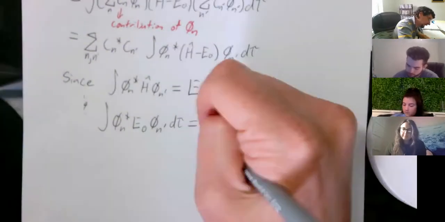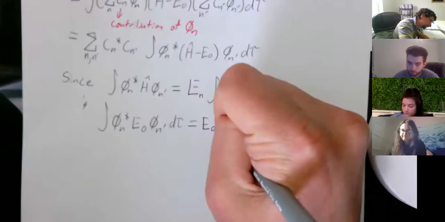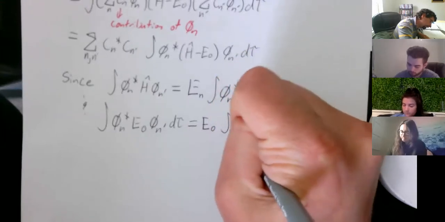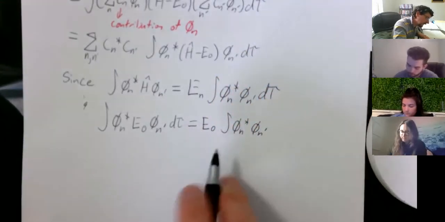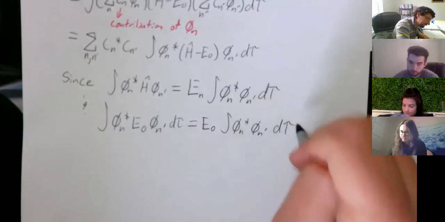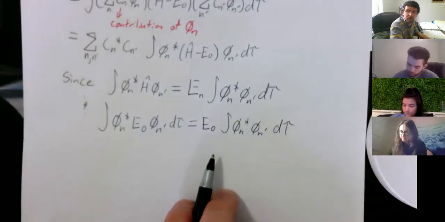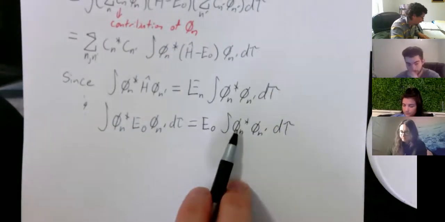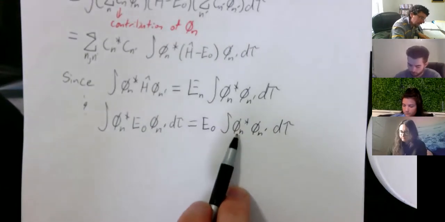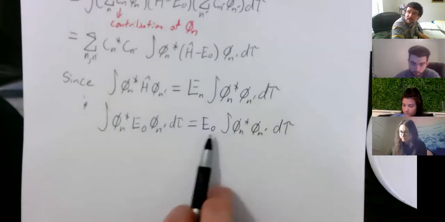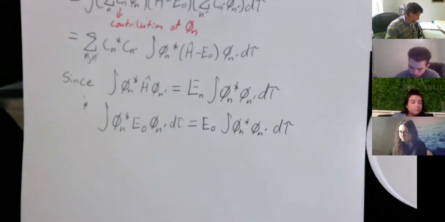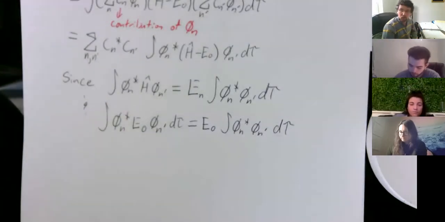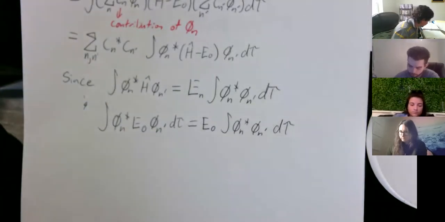Yeah, we're going to take out that E naught. So that says psi n, is that what that is, or is that psi n prime? That's n prime. Yep, it's n prime, because right now we don't know if n and n prime are the same thing or not. We're going to justify that in a minute.